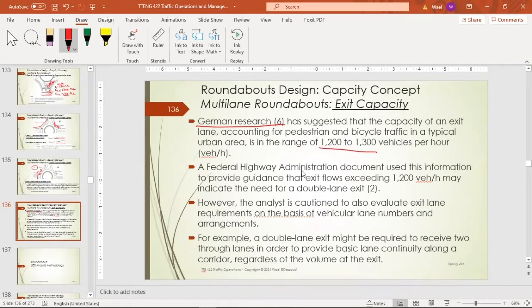That's an urban area. The Federal Highway Administration suggests that the exit capacity is 1200 vehicles per hour. However, the analyst is cautioned to also evaluate exit lane requirements on the basis of vehicular lane numbers and arrangement. Any questions?